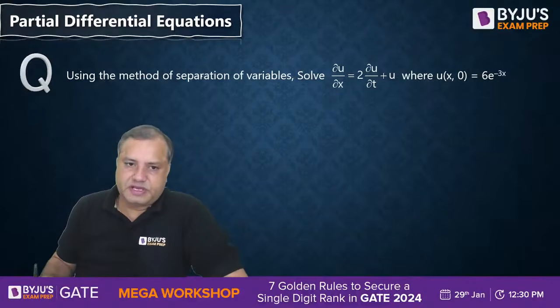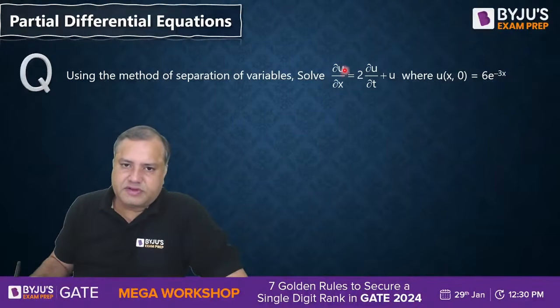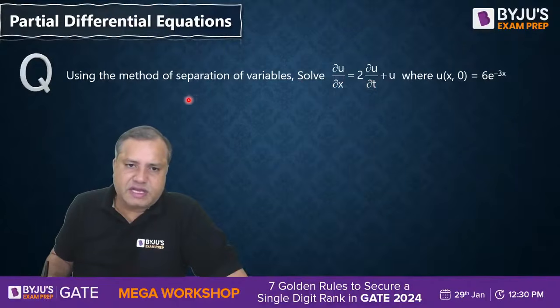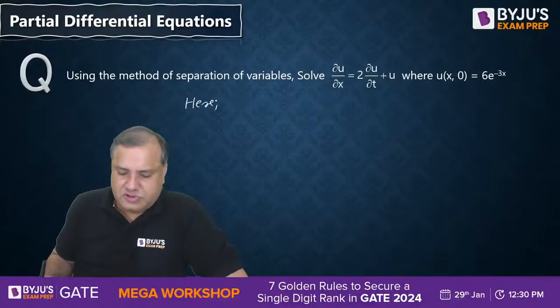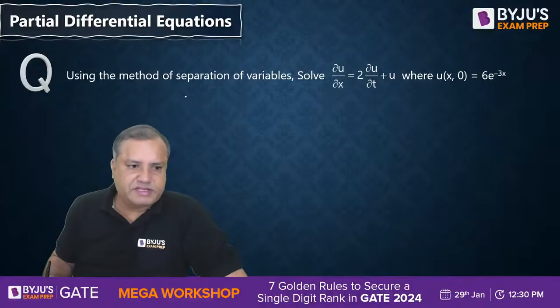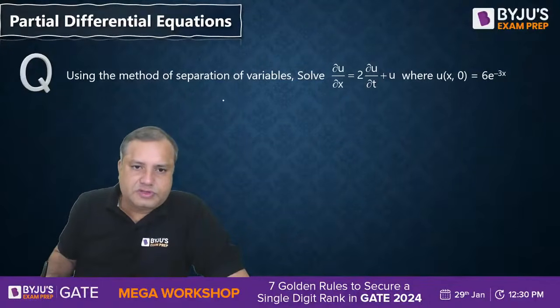Students, see here. In this equation, the variable present in the numerator is u and the variables present in the denominator are x and t. So we can clearly say that, okay, what I will do, I will just note down this equation once.